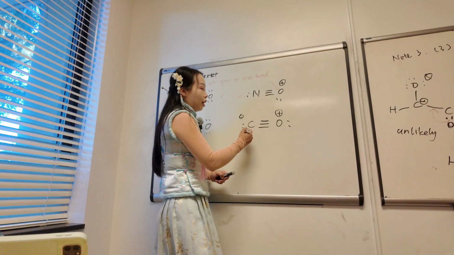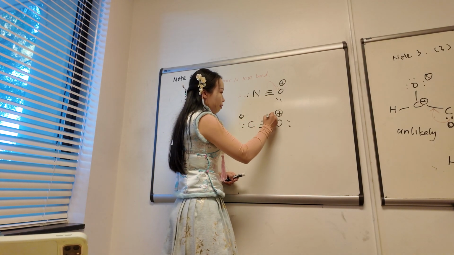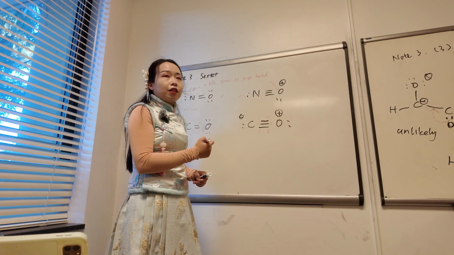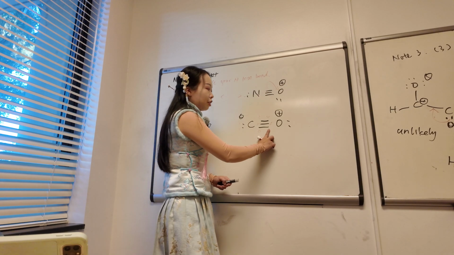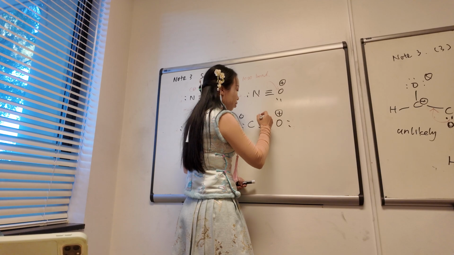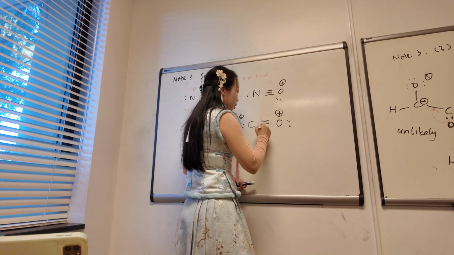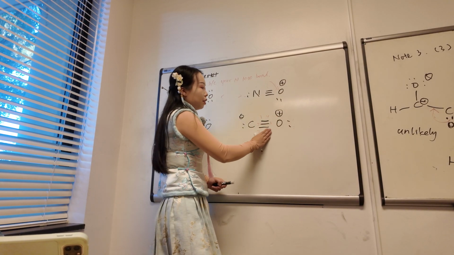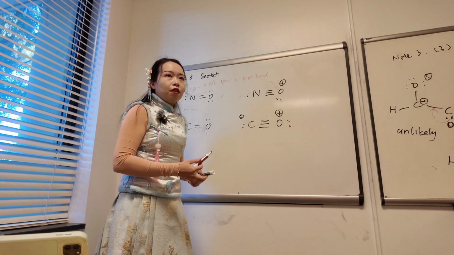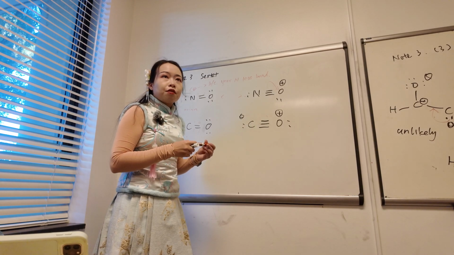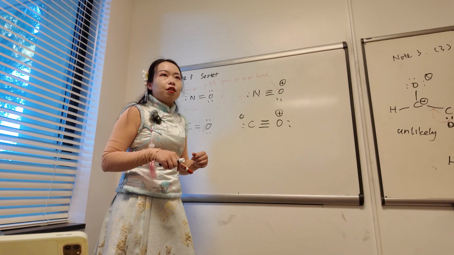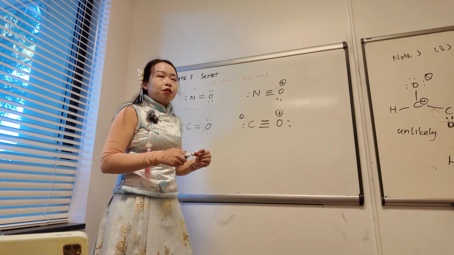Now let's count. 1, 2, 3, 4, 5, 6, 7, 8. For carbon, it follows the octet rule. Am I good? For oxygen, 1, 2, 3, 4, 5, 6, 7, 8. So both of them fail the octet rule, right? And rule number 1 takes over rules number 2 and 3. Rule number 1 is you should have octet.